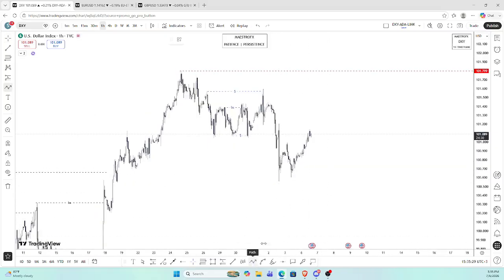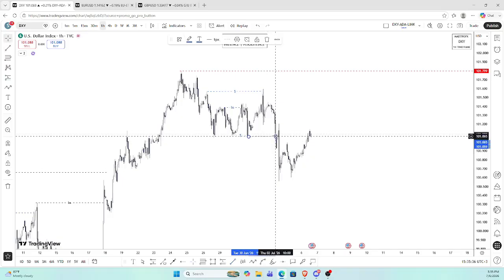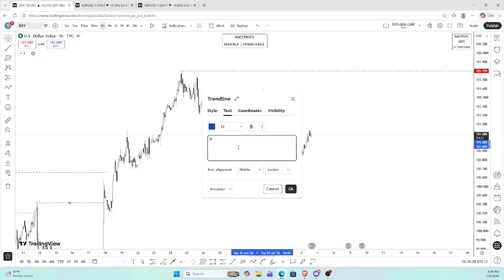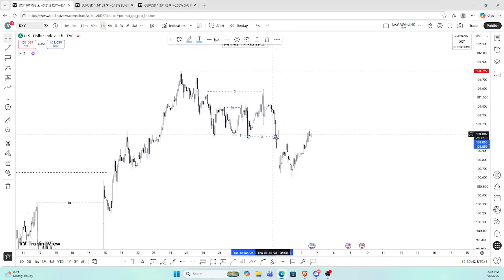It is this high which led to the break of structure to the downside.